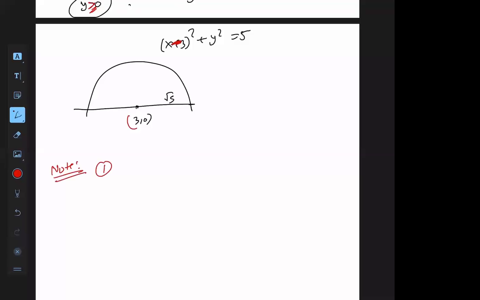Write first note, if Z1, Z2, Z3 are in AP, then Z1, Z2, Z3 are collinear.